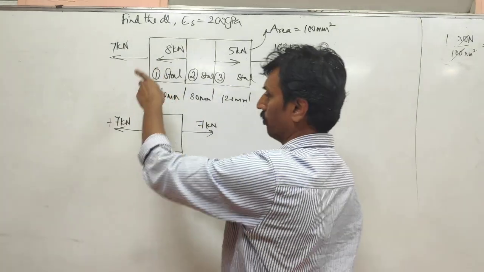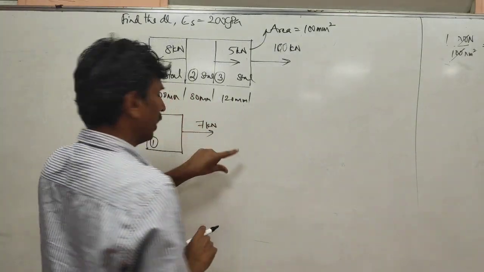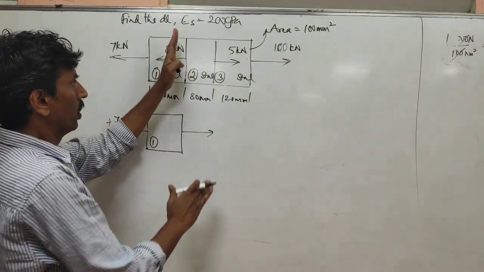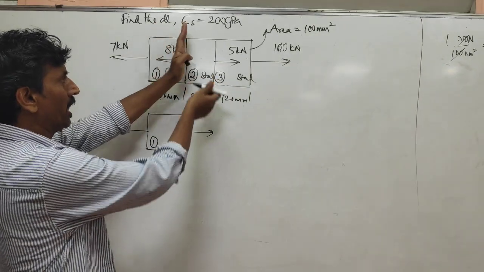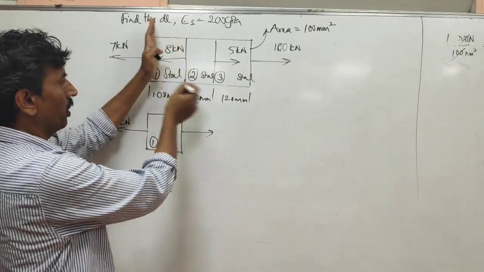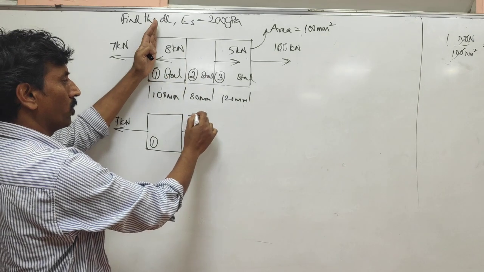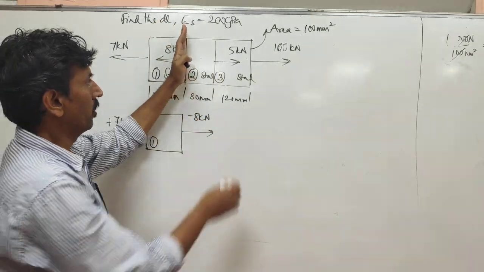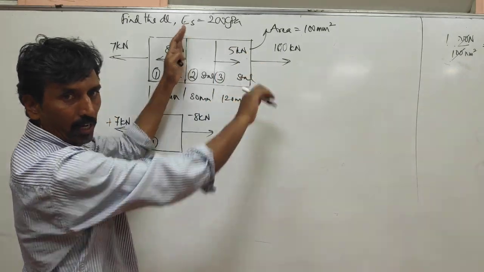So this is positive. And on the right hand side, I have written 7 kilonewton without thinking. You can do that in the examination, but you need an explanation why I have done this. The right side of this one has the applied force which is minus 8 kilonewton, which is compressive.